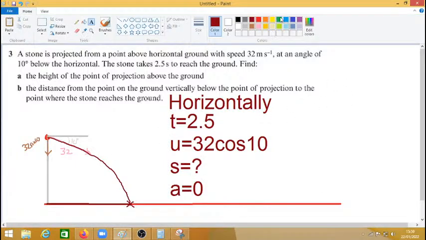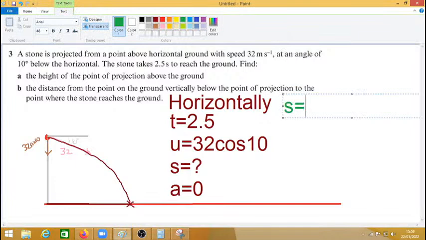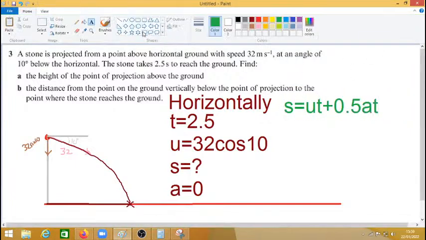Formula is the common one we've used so far. S equals ut plus half at squared. Make sure you got the squared in. Okay, we don't know what s is. That's fine. We do know what u is. We know what t is. A is 0, so that means that's going to cancel.